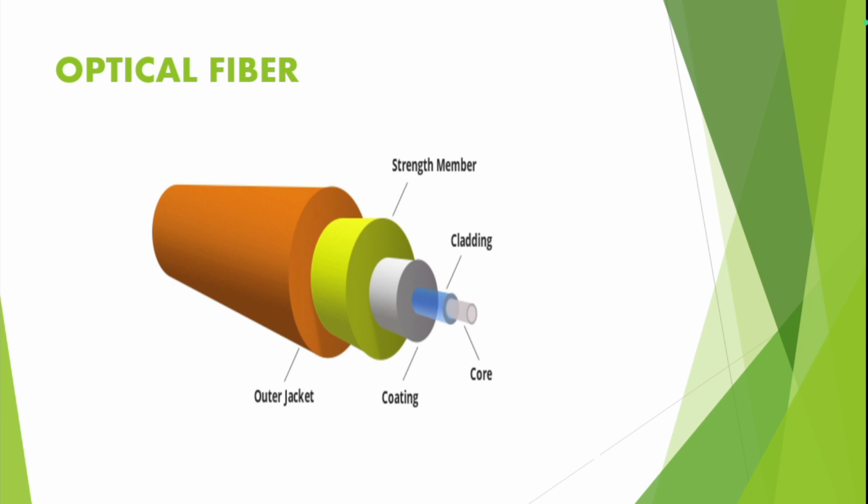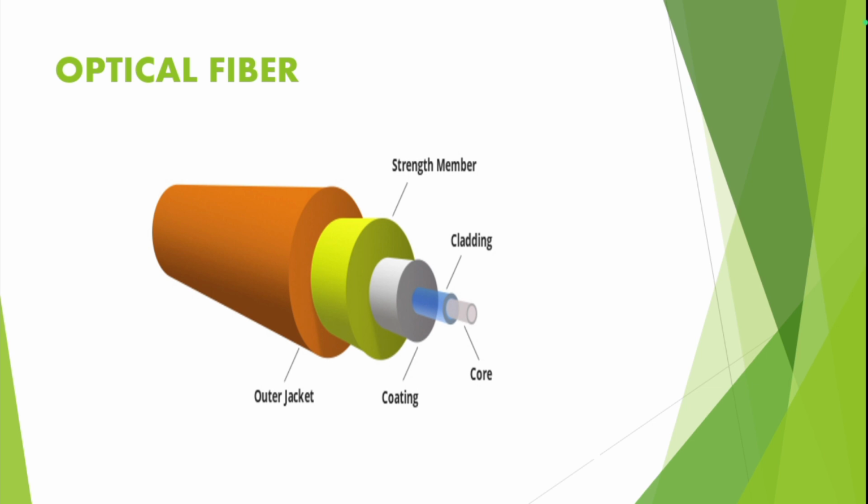The optical fibers are made up of glass or silica material, and the diameter of the core is in the range of a few micrometers. The diameter of the outer cladding is somewhat 100 to 120 micrometers, which will protect the core.